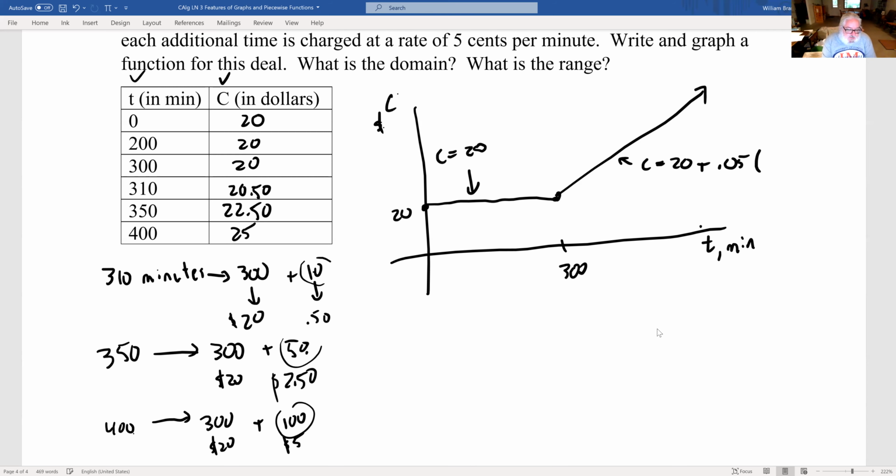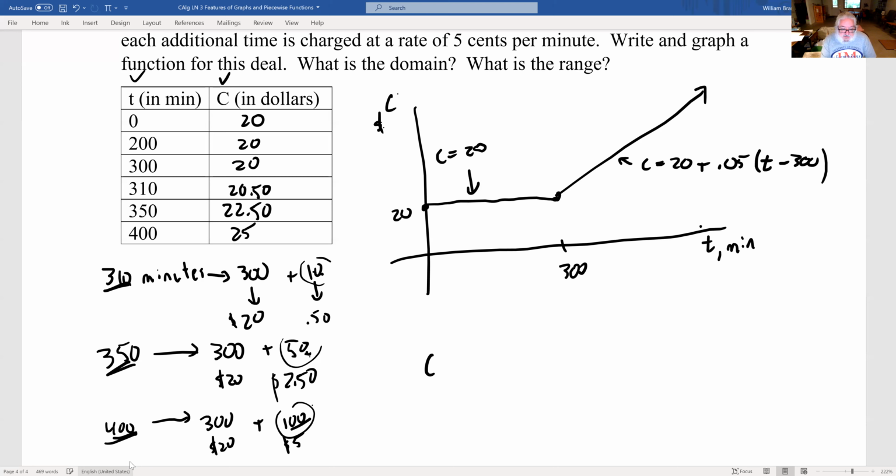So what are these numbers in terms of how much time you used? Well, I take this number and I subtract 300 from it to get the 10 minutes over 300 minutes. This number minus 300 gives me the 50 minutes. This number minus 300 gives me the 100 minutes. So it's however long you talked minus 300. That's what you get charged the extra money for.